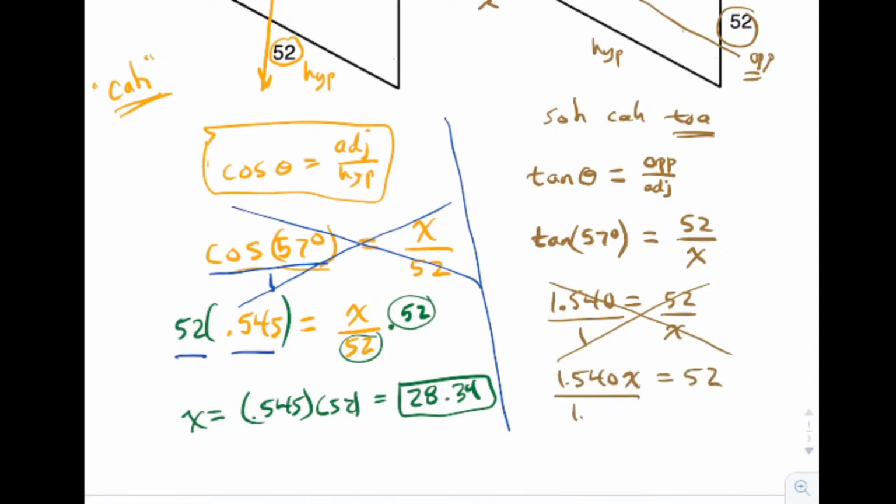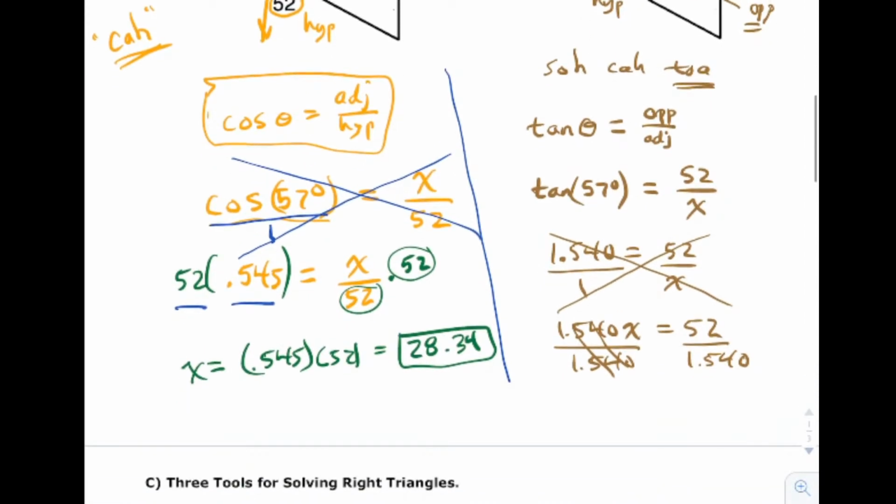That means I'm dividing both sides by 1.540, to cancel off the coefficient of x. 52 divided by 1.54. If I use a couple decimal places, it'll be 33.77.